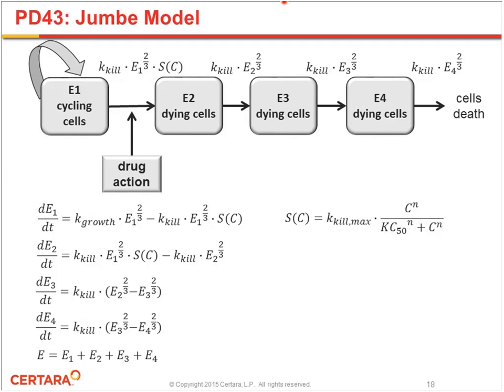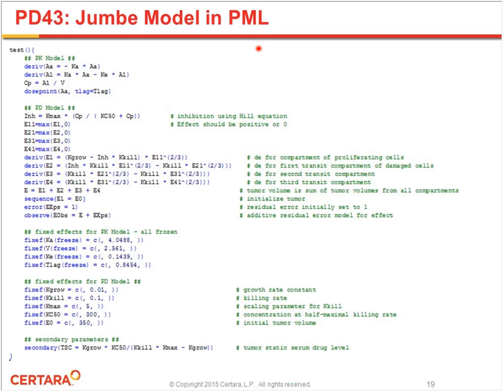So if you go into the code, you see, okay, it's similar to the Simeoni model. We just need to change the inhibitory function, which is here, this first line. And also the transit compartment needs the power terms, right?